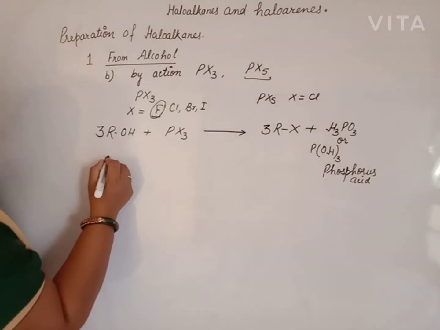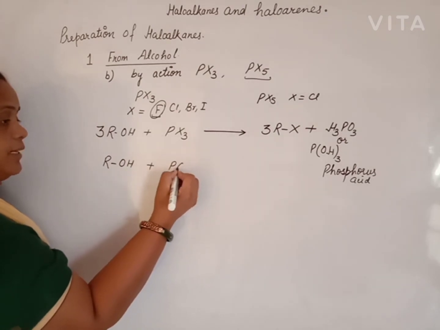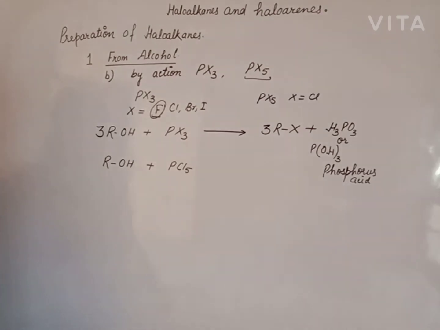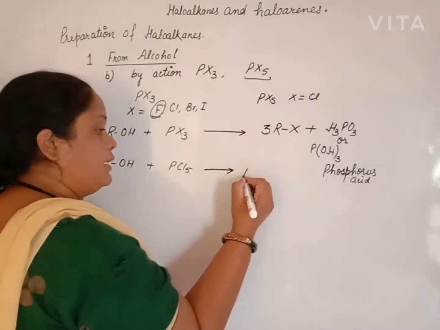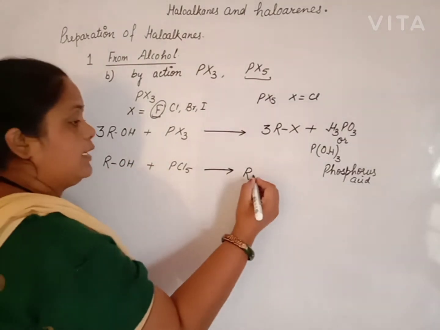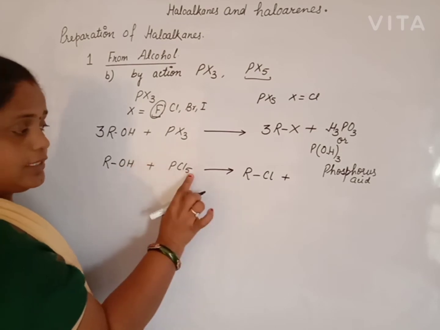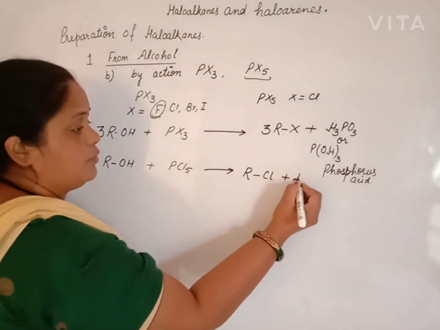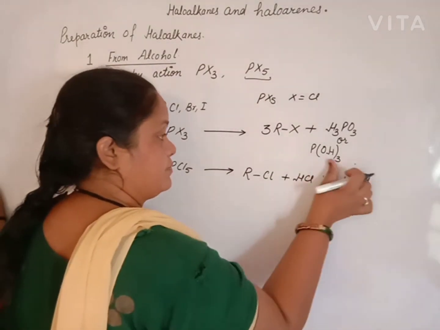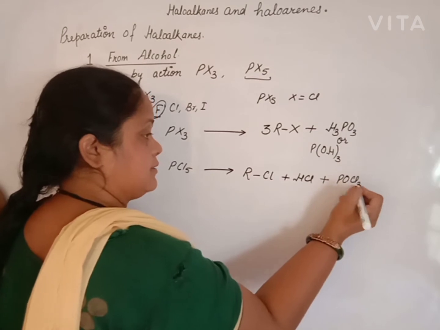In case of pentahalide, only chlorine will react. We get 1 mole of chloroalkane plus 1 mole of HCl plus POCl3.